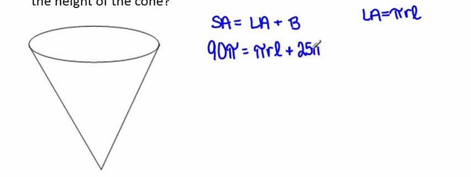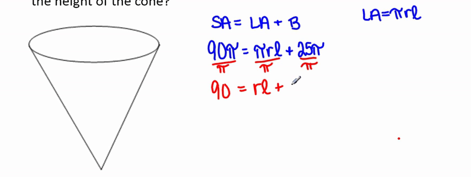They tell us that in the problem. Now I'm noticing that all three of these terms contain a pi. Just to make my problem a little nicer, I'm going to divide every one of these terms by pi. It just makes everything a little bit simpler.